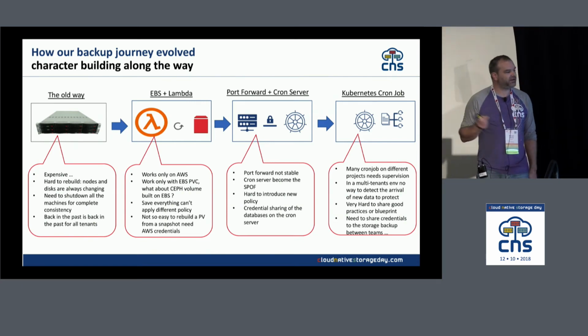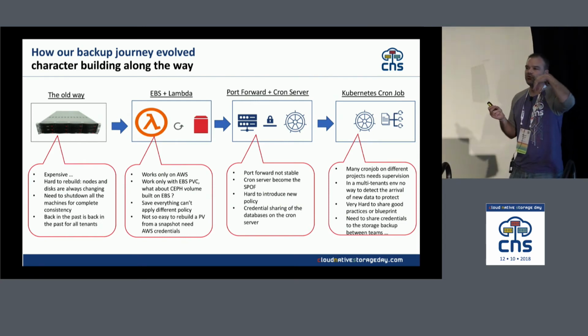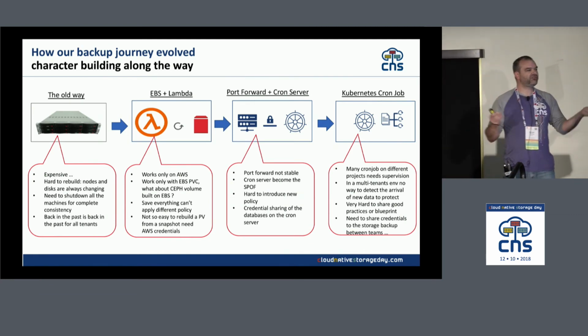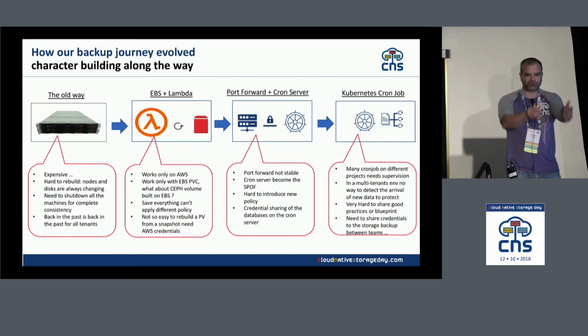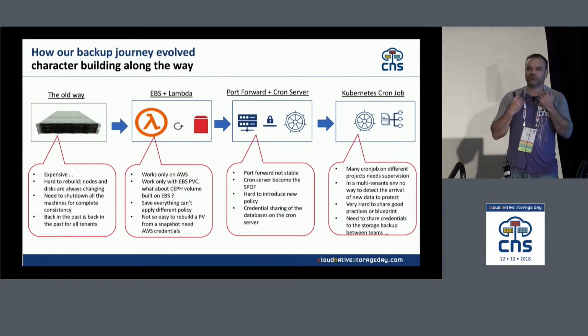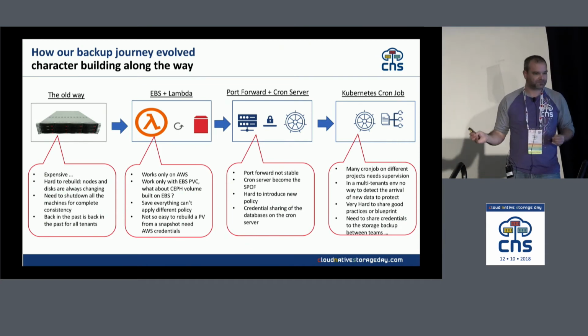But that's not completely cool because when you make the backup, you have to back up all the data in an S3, for instance. And then if you want each team to be able to manage that properly, you have to give the credential to all the teams. And so we found ourselves giving about 100 teams the same credential to the same S3 for the backup.